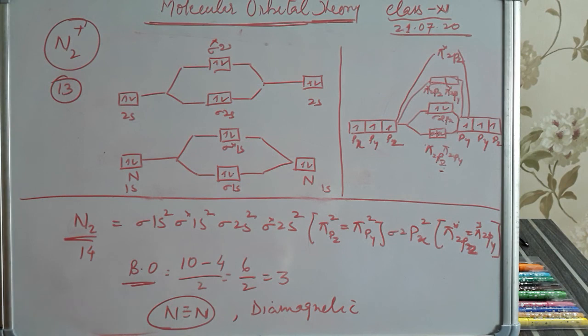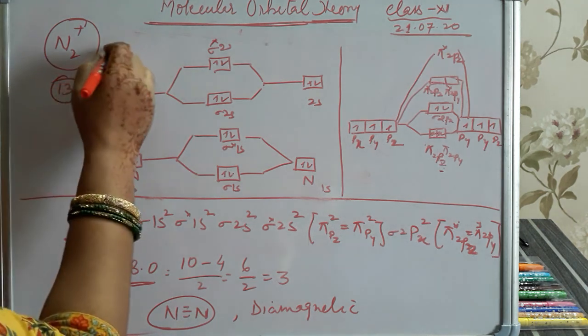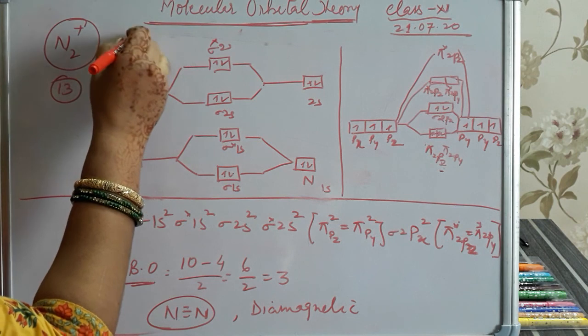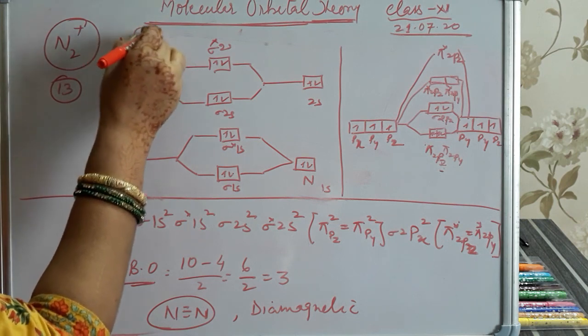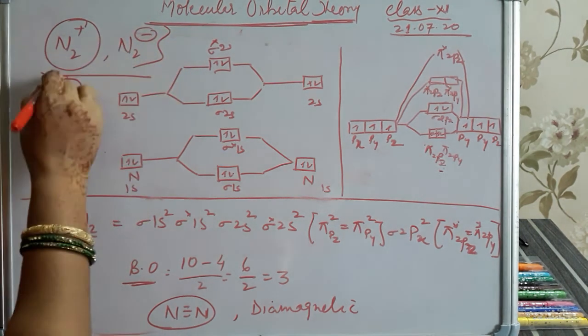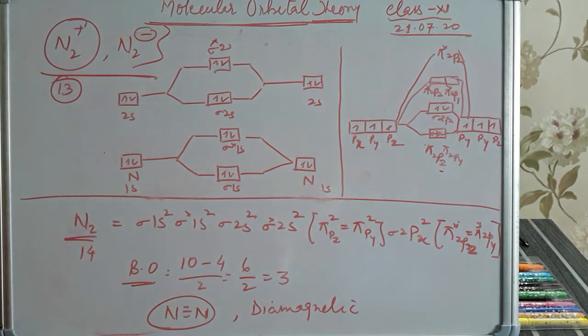In this way the bond order changes. So write down the electronic configuration and find out the magnetic character and bond order for N2 plus and N2 minus. So students, try to do this.